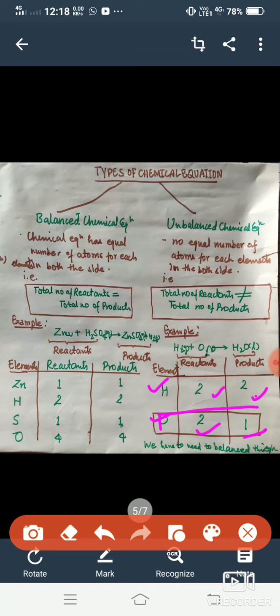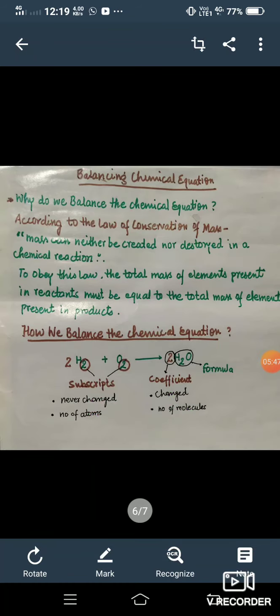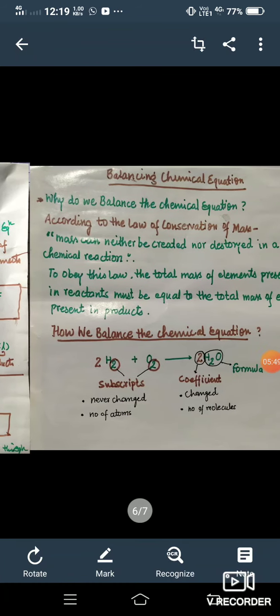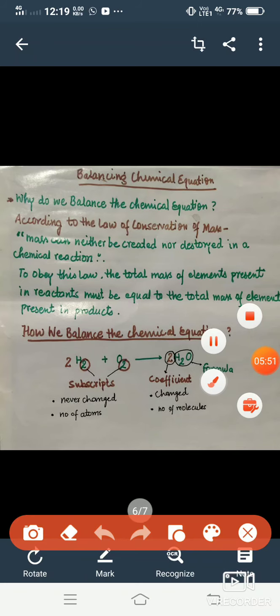So the number of oxygen atoms on both sides is not equal, and we can say that this is an unbalanced chemical equation. Now we have to balance this chemical equation. Let's see what a balanced chemical equation is.